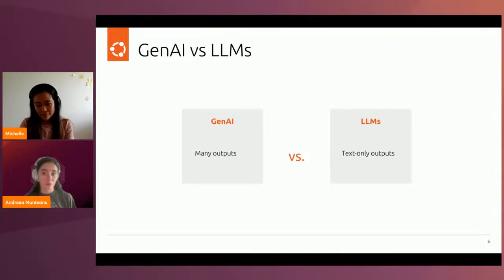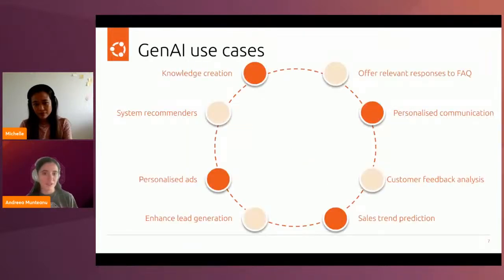LLMs focus really on text, and we have plenty of examples. Gen AI goes beyond it, and I know Michelle has prepared some examples that go beyond just text and chatbots towards image generation, video generation. I'm almost curious what will be the next thing that Gen AI will be able to generate.